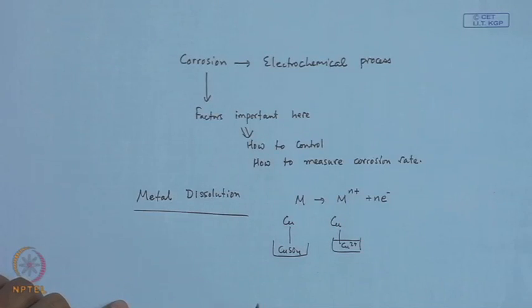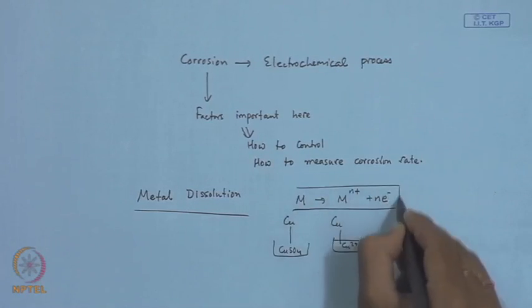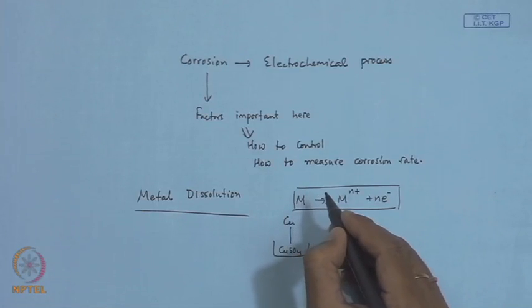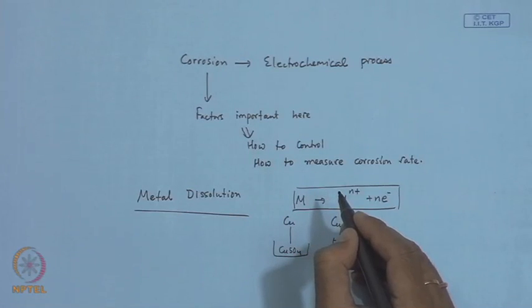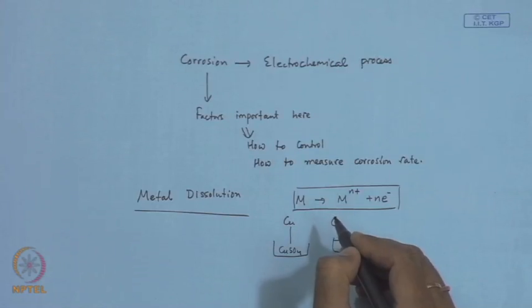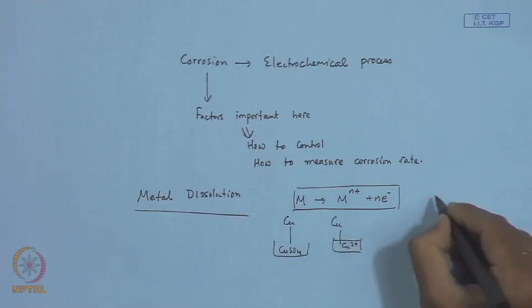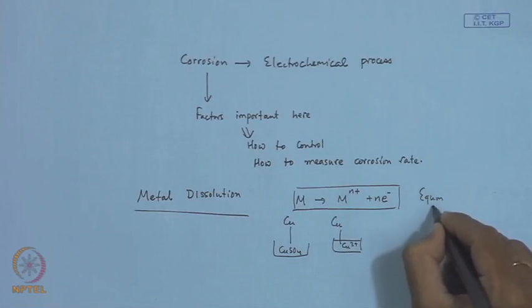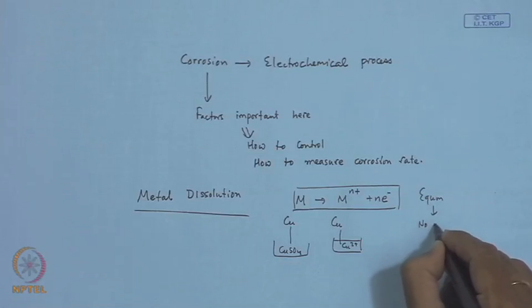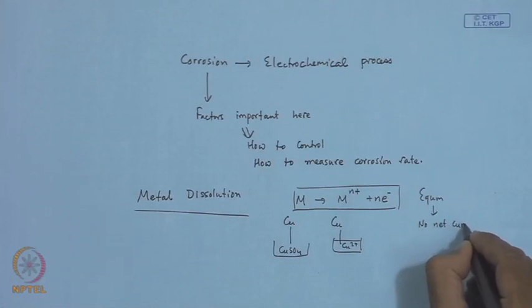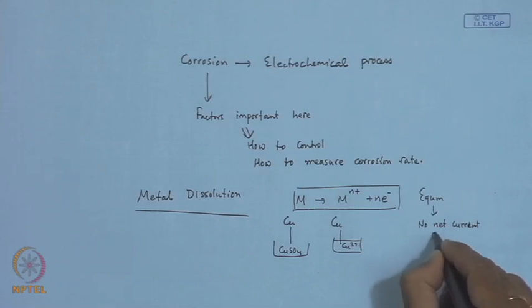In this case the metal has solubility in the solution in which it is placed, copper in copper sulphate. So, the general equilibrium reaction is like this, and at equilibrium there is no net current flowing.